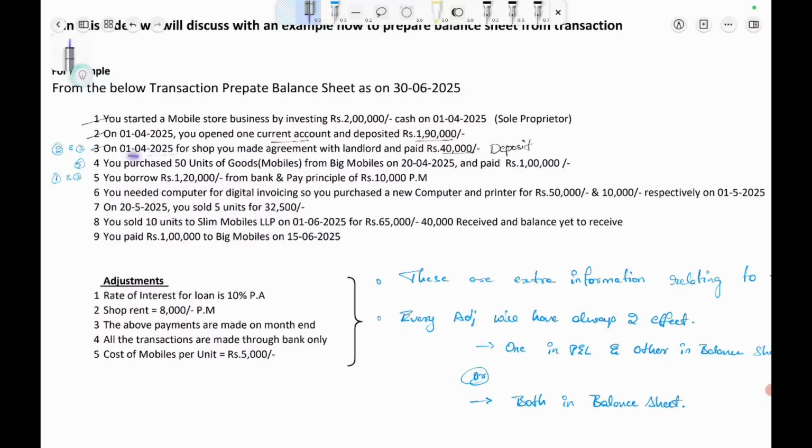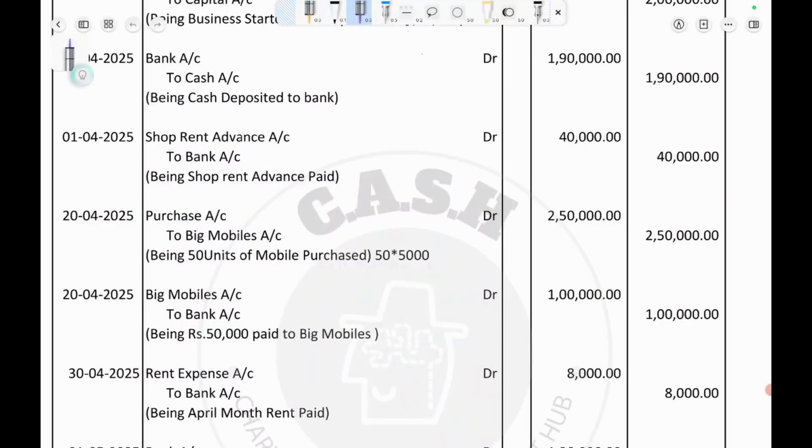So the date is 1/4/2025. You made an agreement with the landlord and deposited 40,000 rupees, which will be an advance for rent, which is the rental deposit normally taken by landlords. So the journal entry is shop rent advance account to bank account. Debit the receiver and credit what goes out. If you observe, we have debited the shop rent advance account, not the landlord account.